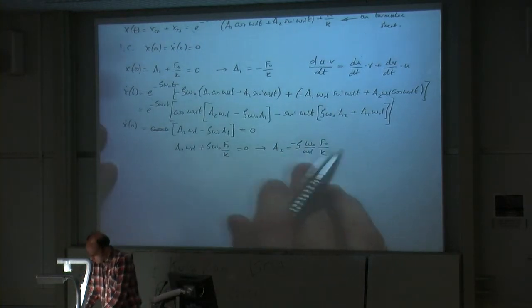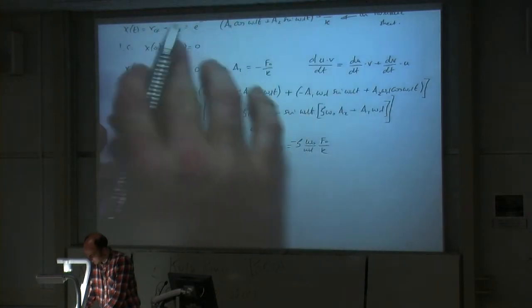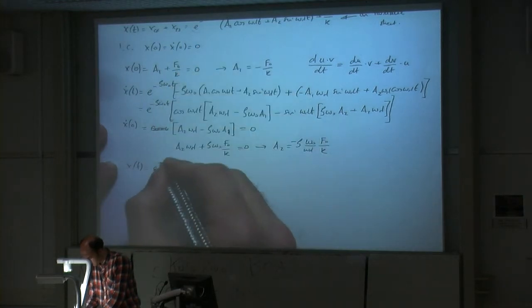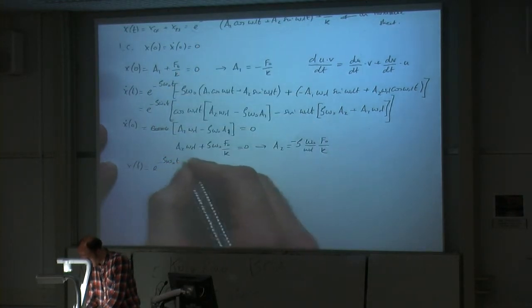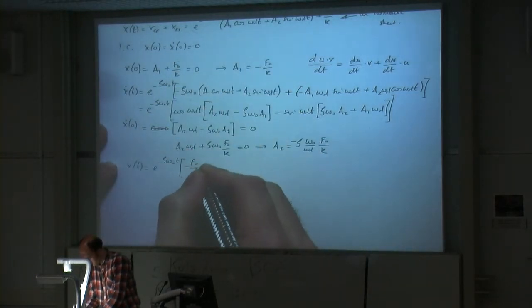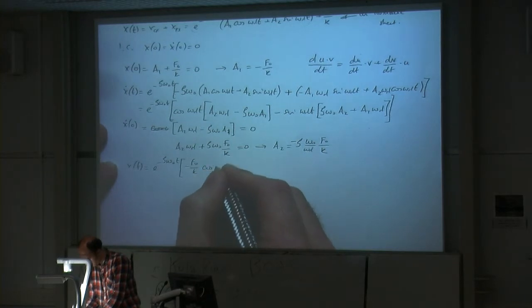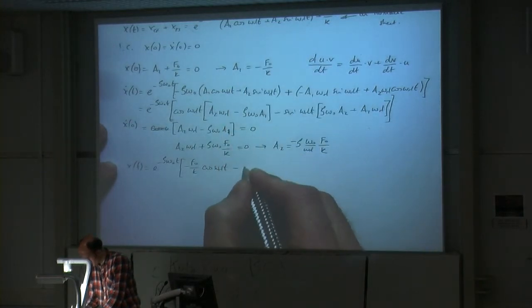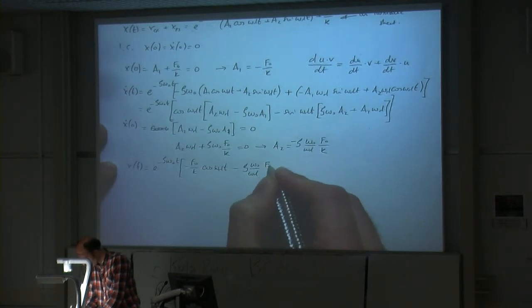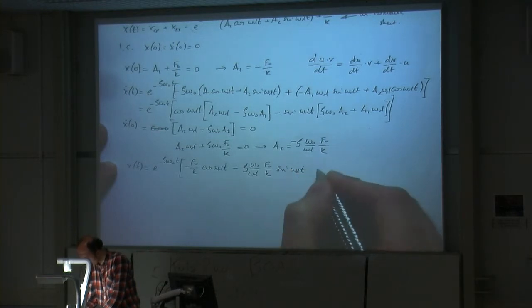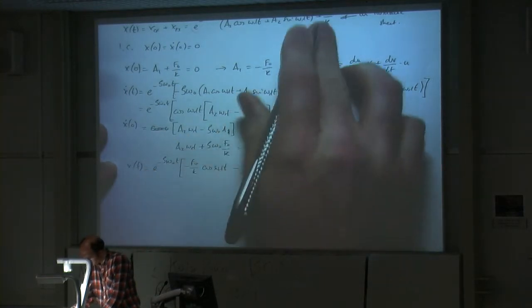So now our general solution, which we had up here, we can rewrite: x(t) equals e to the minus zeta omega naught t, and then we have our a1, which is minus f naught upon k, cosine omega dt, and then plus a2, which is minus zeta omega naught over omega d, f naught upon k, sine omega dt, plus f naught upon k.